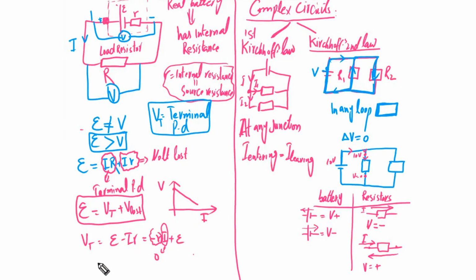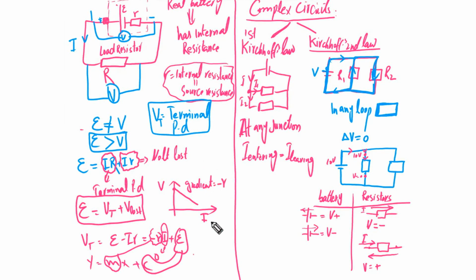If you compare this with the straight line equation y equals mx plus c, this is the y-intercept and this one is the gradient. R is the gradient, I is the x variable.